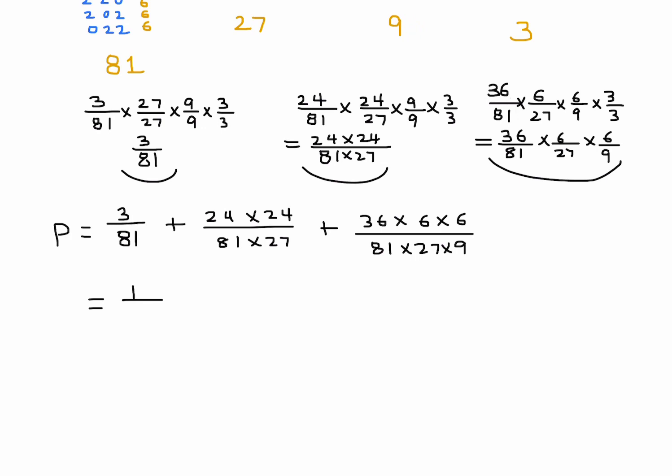Okay, I can reduce this as 1 over 27. We can divide through by 3. So if I do that, it becomes 8. And then the 81 becomes 27. And then this one, I can divide through by 3. And I get 8 over 9.